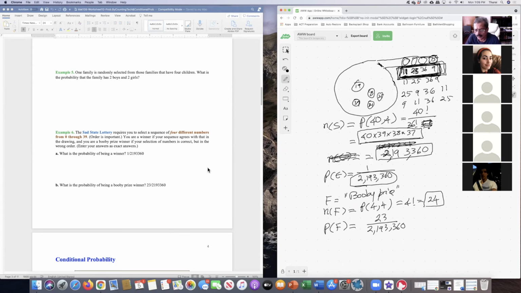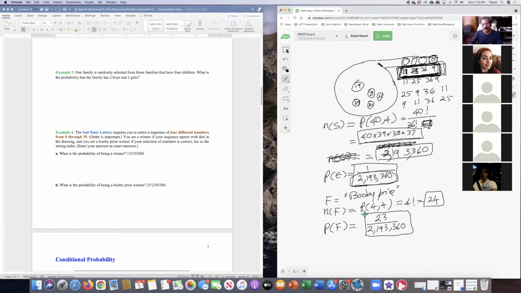In other words, there are 24 arrangements of the 4 numbers, and out of those 24, one of them will make you the first prize winner, and that's why you have this probability for the first prize, and 23 of those will make you a booby prize winner. So yes, they both add up to 24 over 2,193,360.